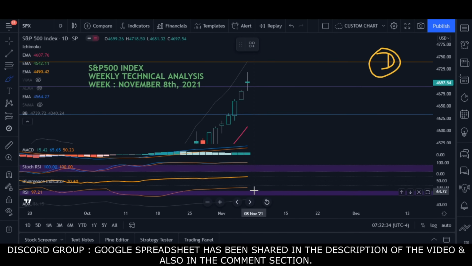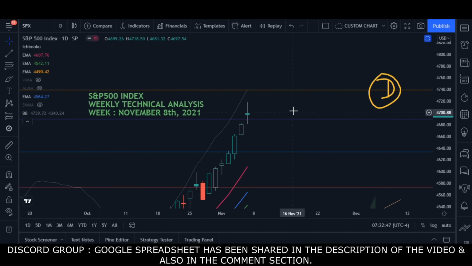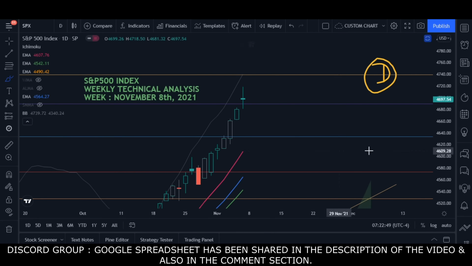Now RSI is very high, close to 100. It is 97, so momentum is very high. All of the technical indicators on the daily chart are saying that the market is bullish, so there is no doubt here that the market is bullish.